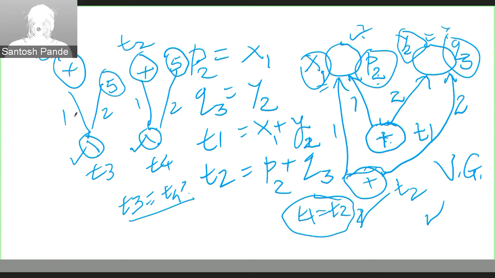Next, we'll go on the edge 1 here and edge 1 here, and we'll ask ourselves a question: is T1 on my edge 1 and T2 on my edge 1, are they congruent? For that matter, I would go further in this graph and verify the T1's and T2's congruence by going to their respective edges.